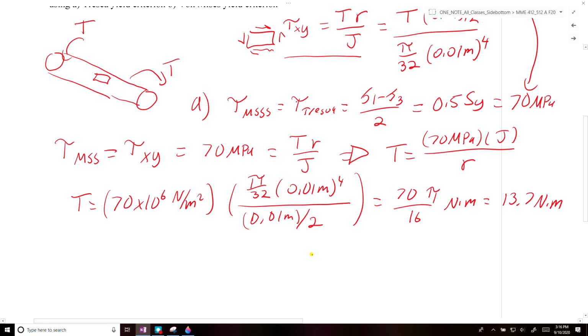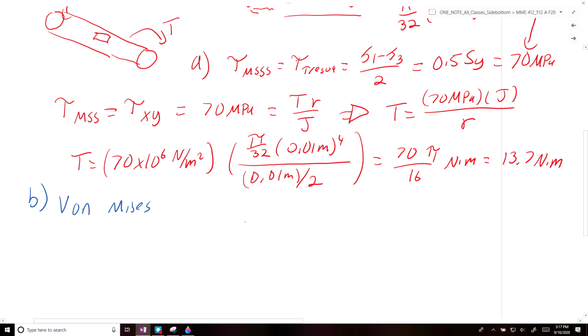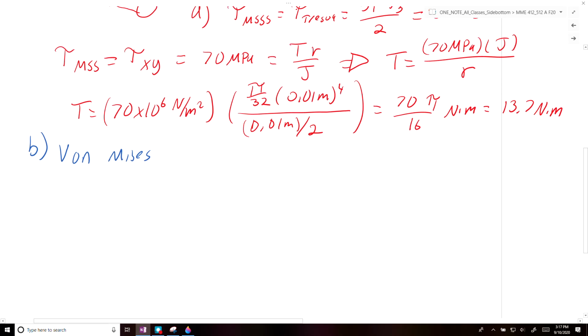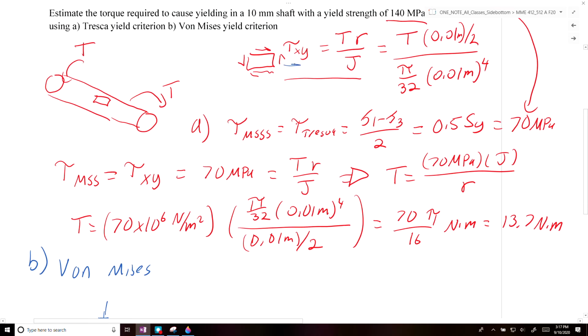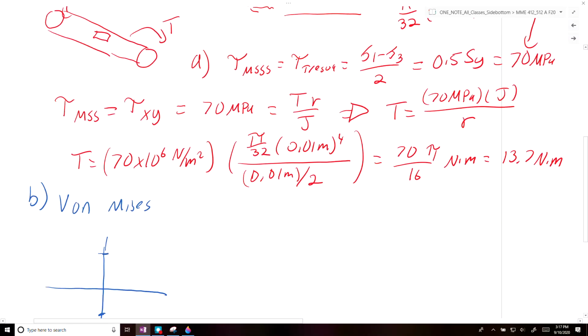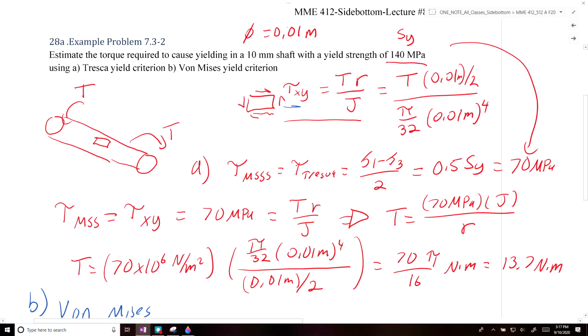So we can repeat this process for the von Mises criteria. In the von Mises case, it helps if we draw our Mohr circle. Based off of our stress element, we have no normal stresses, but we have a value of tau xy.